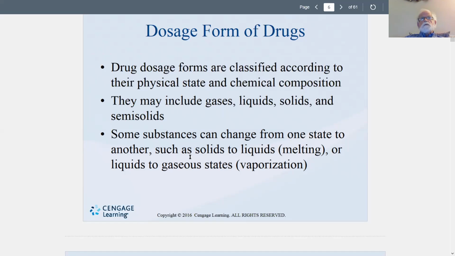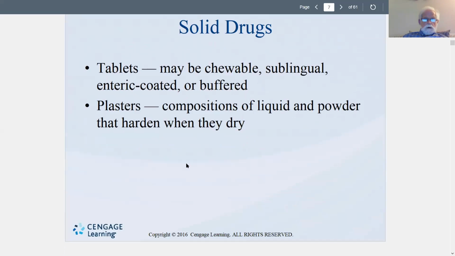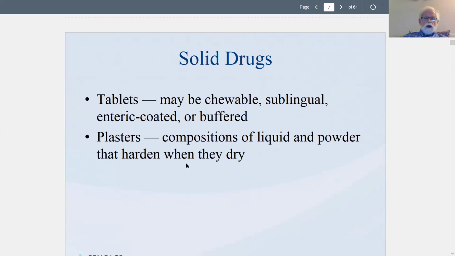But the most common medicinal gas is actually oxygen. There are lots and lots of forms of solid drugs, tablets, and there are many different forms of tablets. Chewable, sublingual, which means under the tongue, enteric coated, which means that they only will dissolve after they have passed through the stomach and gone into the small bowel.